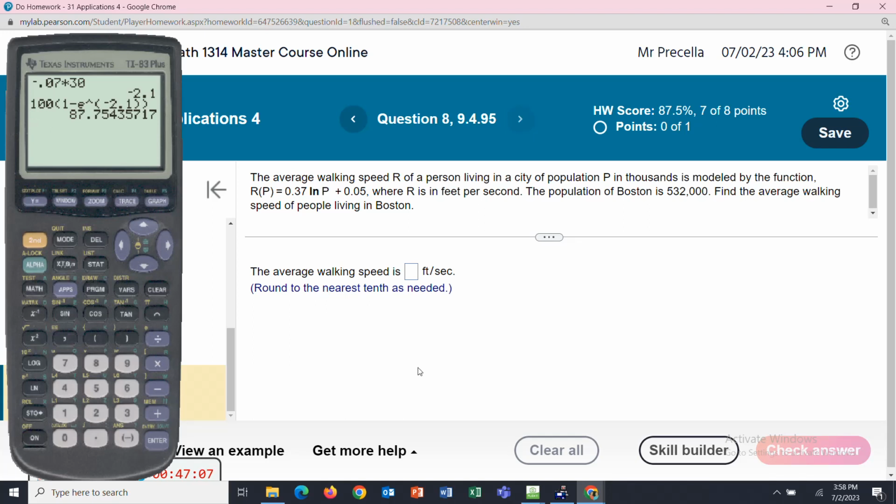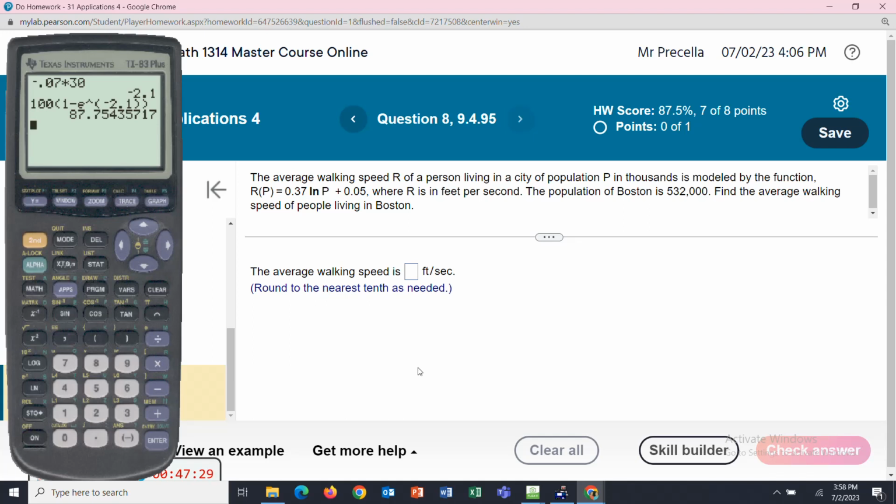That's an interesting formula here. I never would have thought of walking speed being determined by population, but now that I think about it, it sort of makes sense. If you're in a city where the sidewalks aren't packed full of people and there's not a lot of cars, you can walk pretty fast.